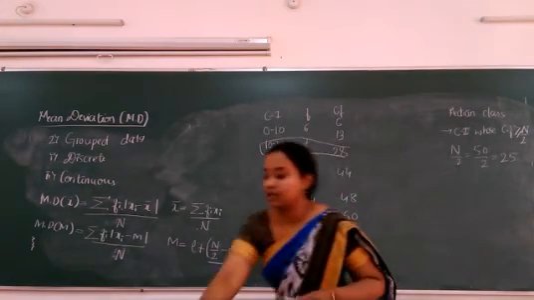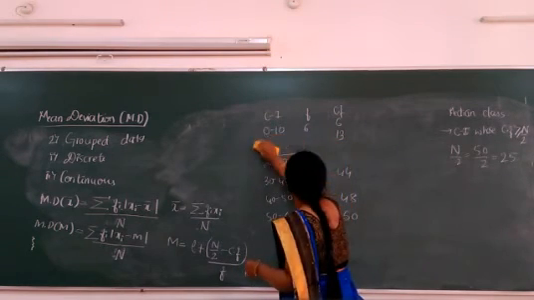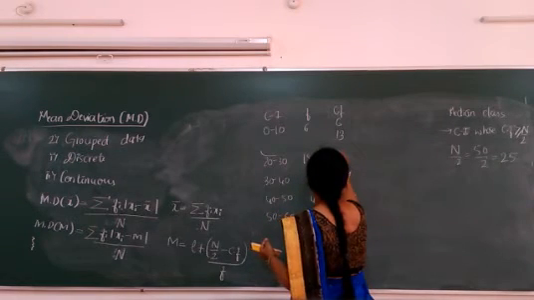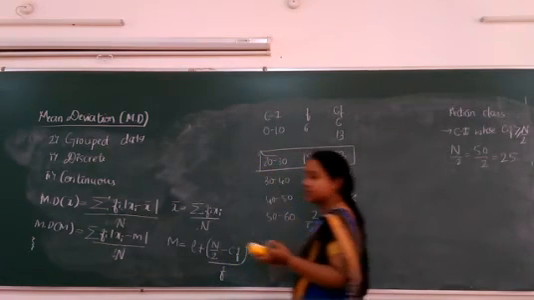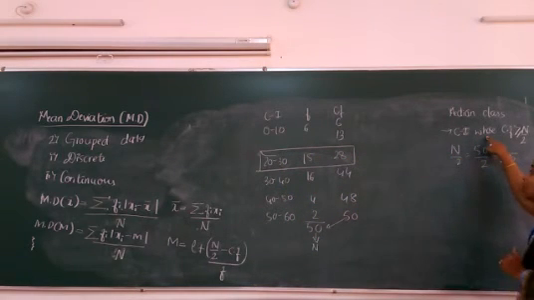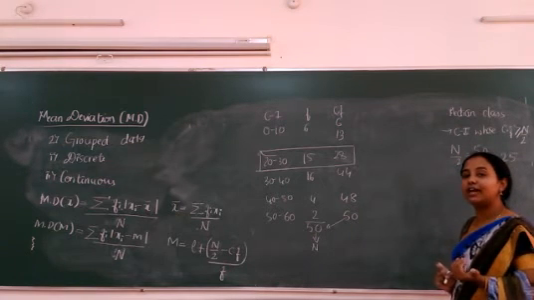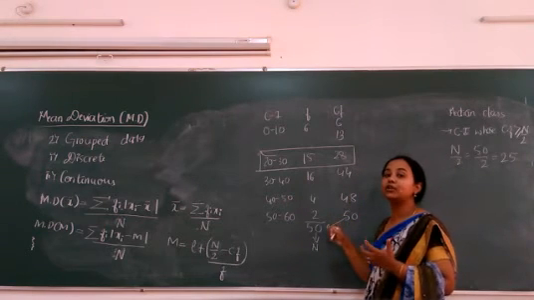Sorry, I marked it wrong. Okay, so this is the median class. 25, so nearing 25.